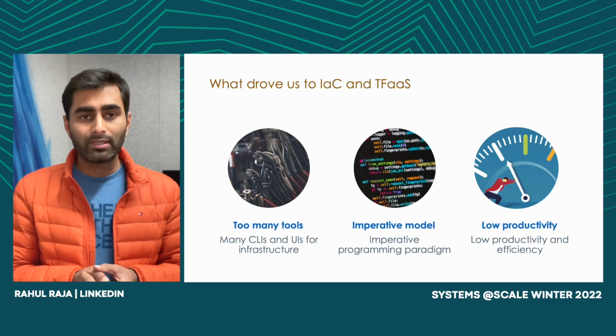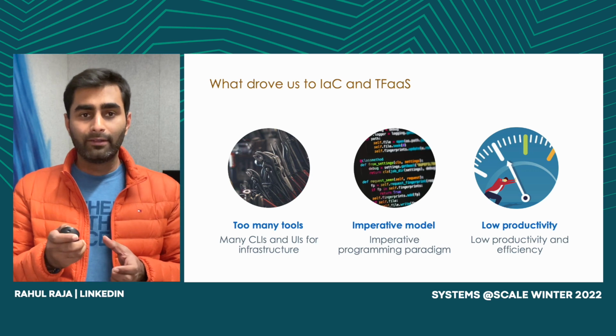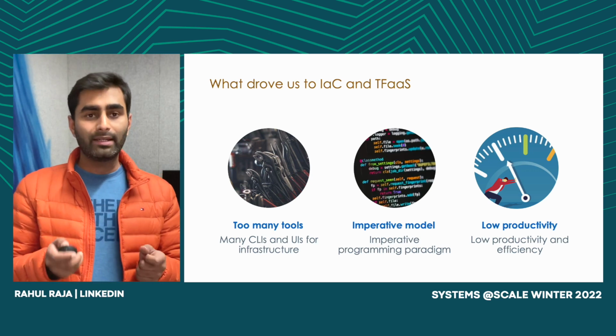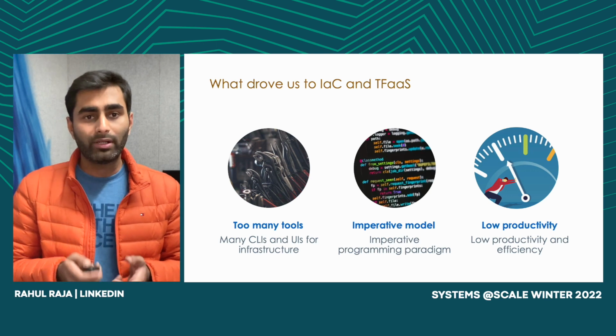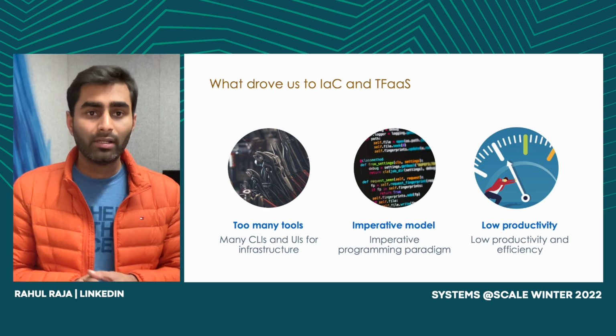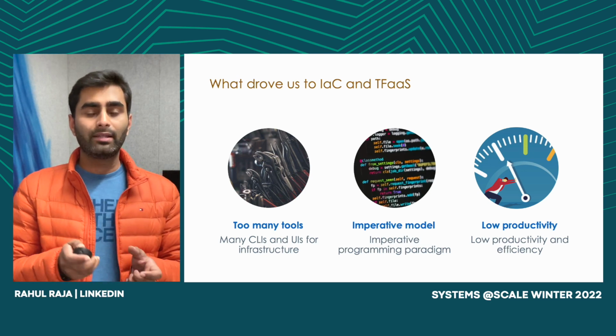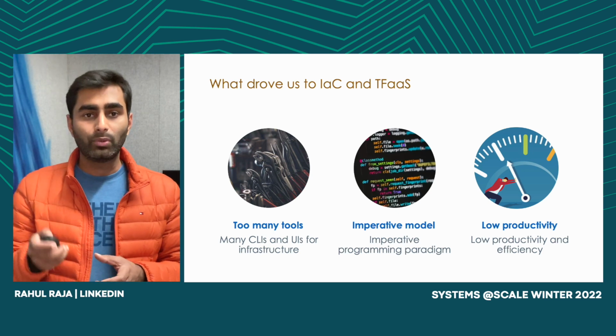The second one was, as I already mentioned, that if we use different frameworks, different kinds of tools, CLIs or UIs, then we are already using the imperative programming model. In that case, you have to write the logic for everything that you want your system to do.